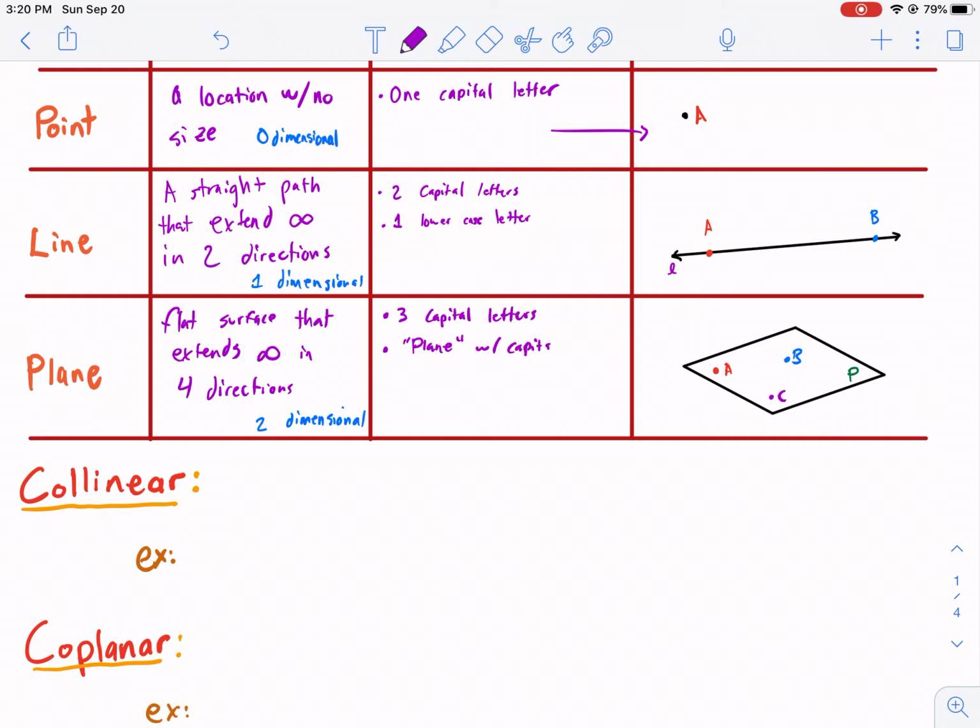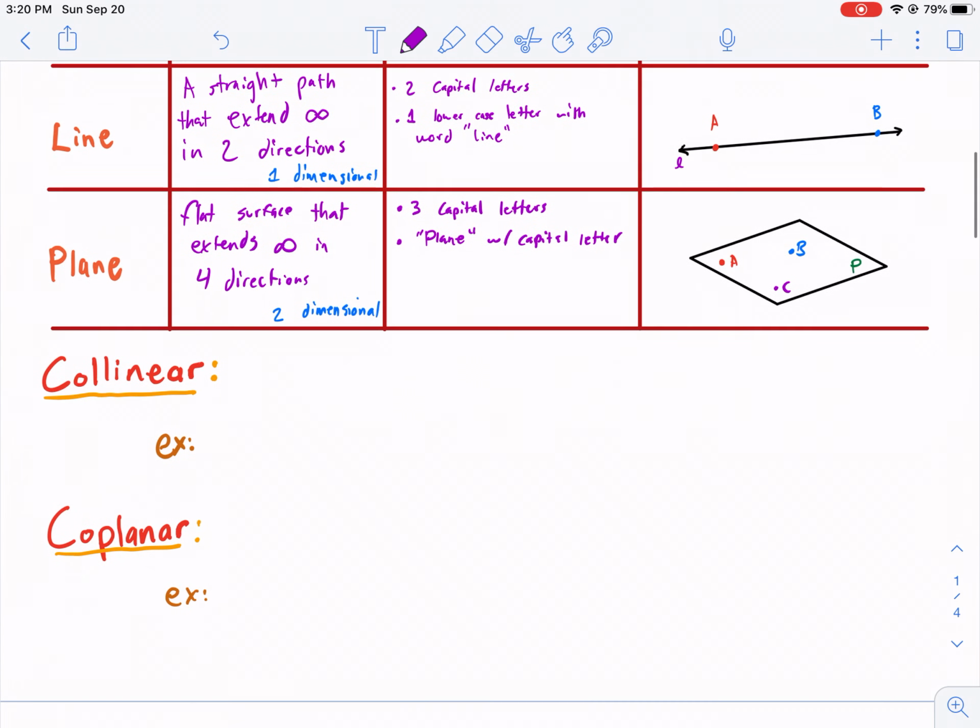Notice how we said, I should probably write this, 1 capital letter with the word line. So you have to say line L, for example, in this one, but for this one, we can say plane P. So that's how you label a plane.